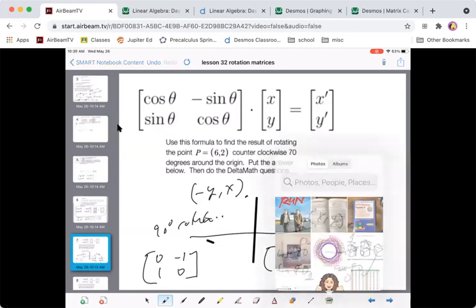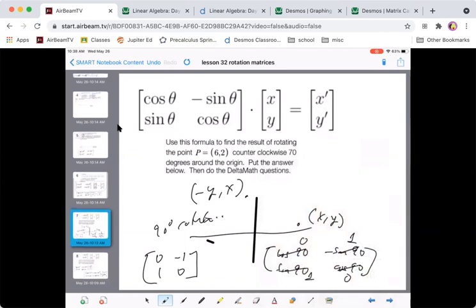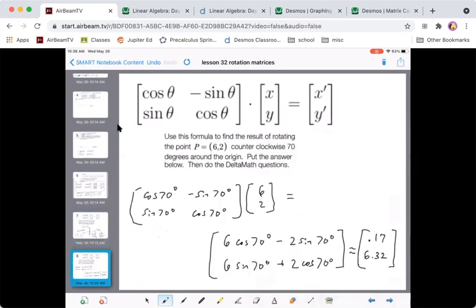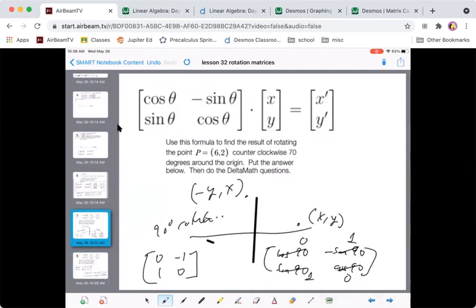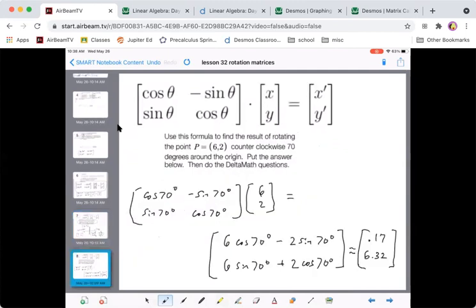Now there are some questions you can do on Delta Math where you get to practice this. Here's a practice question. Take the point 6, 2 and run it through, rotate it by 70 degrees. And when you do that, you end up with 0.17, 6.32.